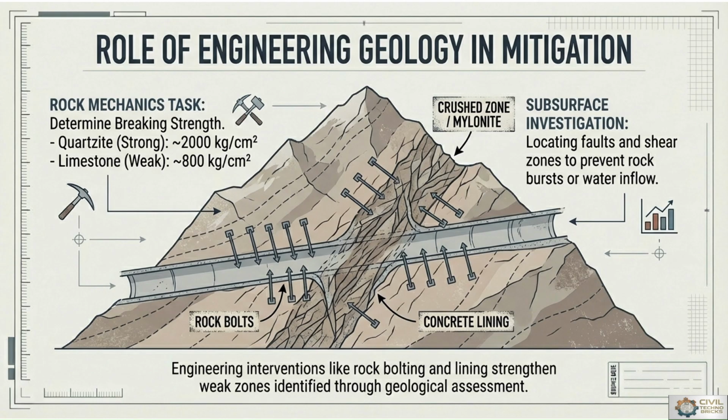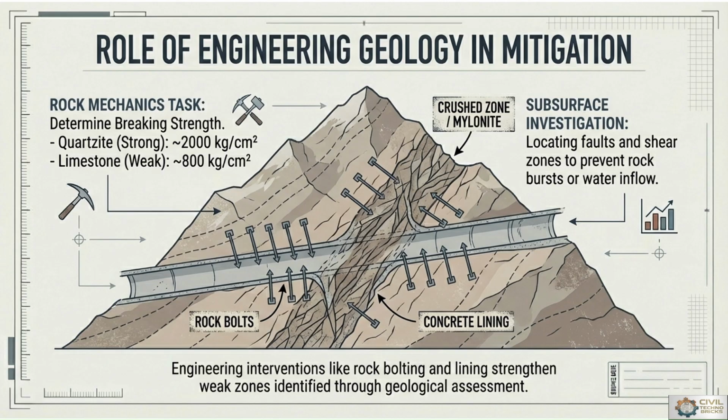So from the construction point of view, we can prefer quartzites or granite as strong rocks for the embankment. Discussing the role of geological investigations in identifying crush zones or weak zones of rocks or fault planes, this explains how subsurface exploration helps prevent tunnel collapse and water inflow.